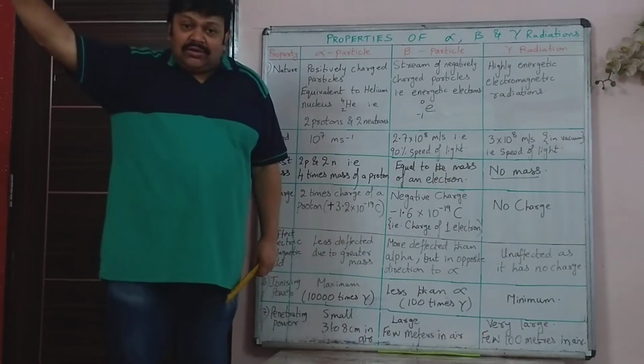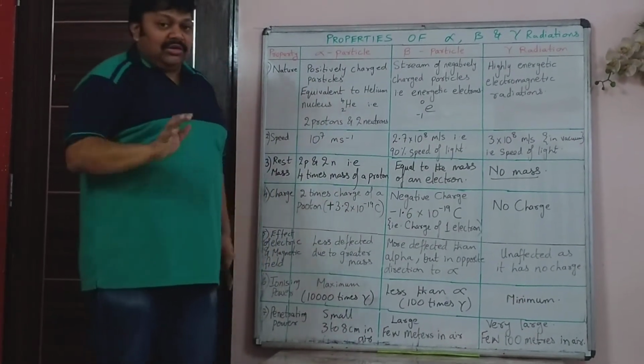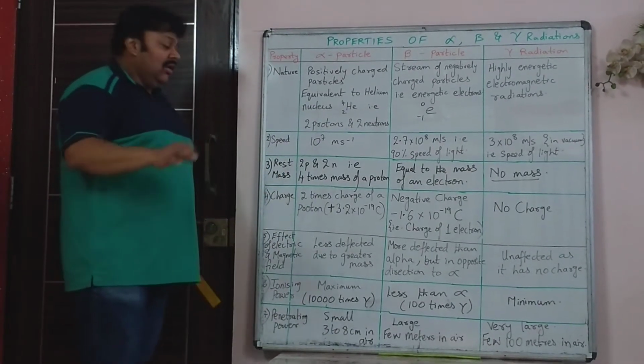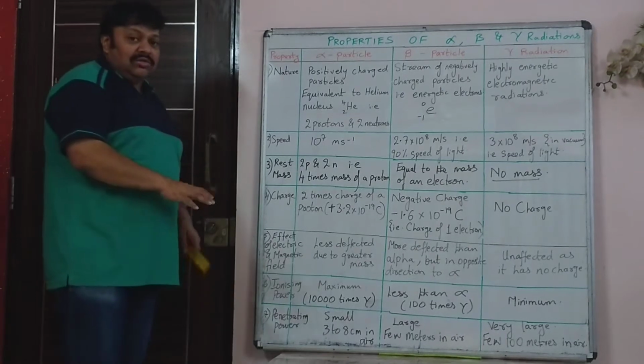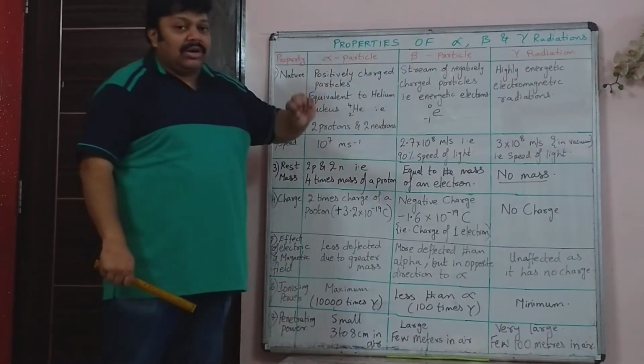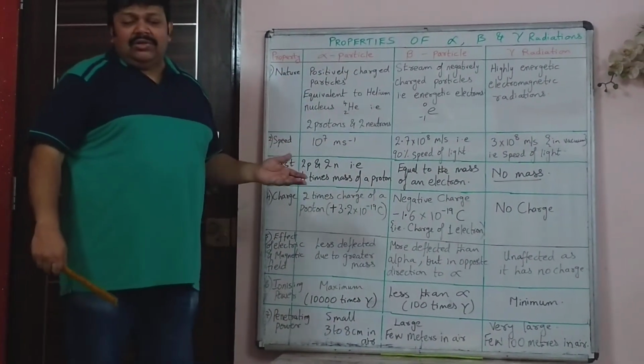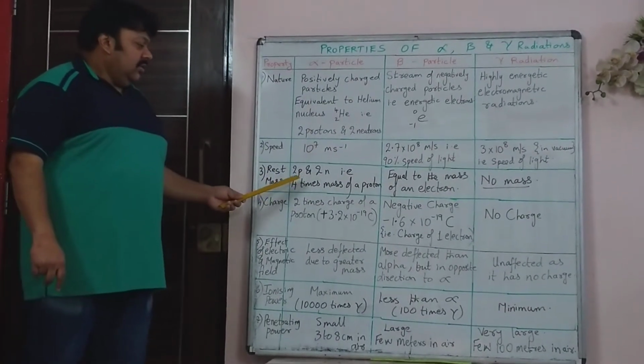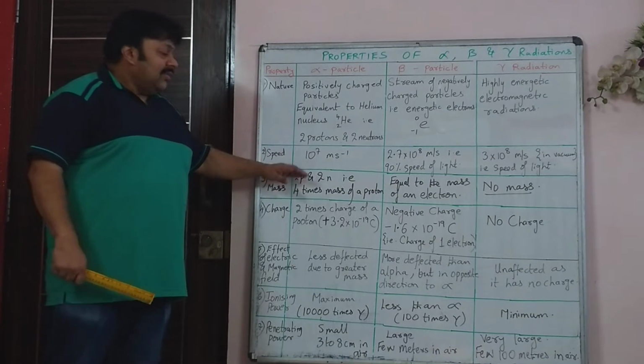We are not considering all that. We are going with plain simple things. That's why we are writing the word rest mass, the mass when the alpha particle, beta particle or gamma radiation is at rest.